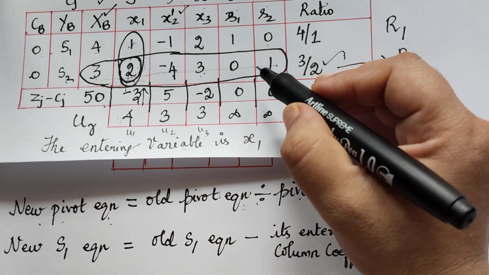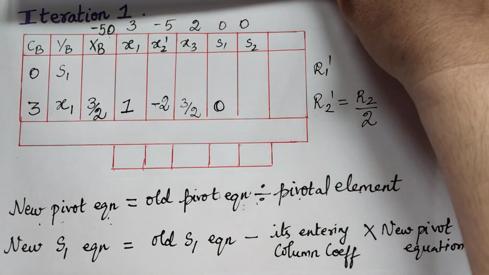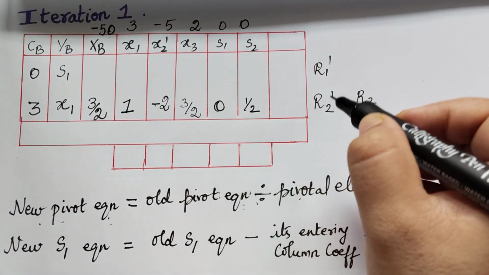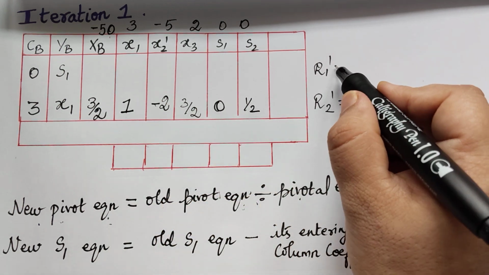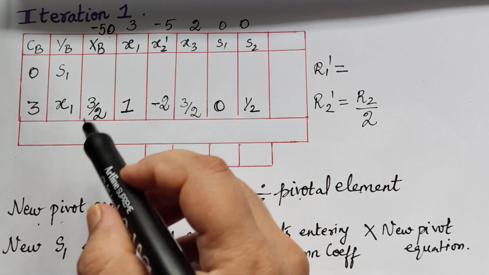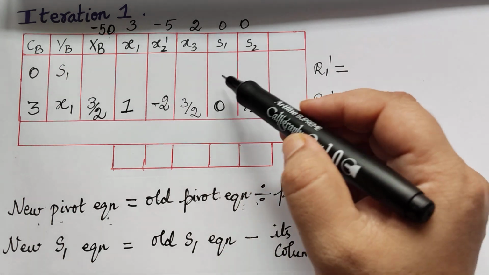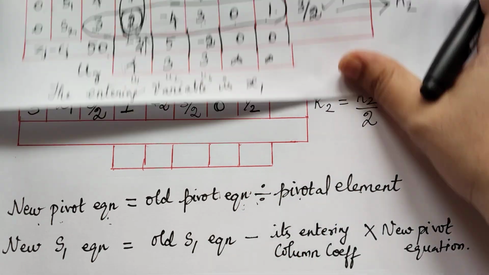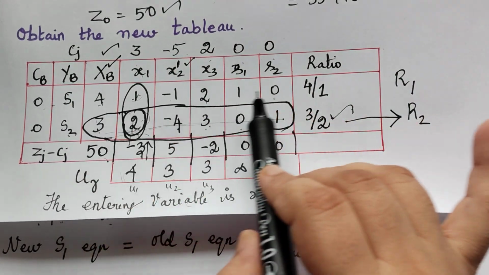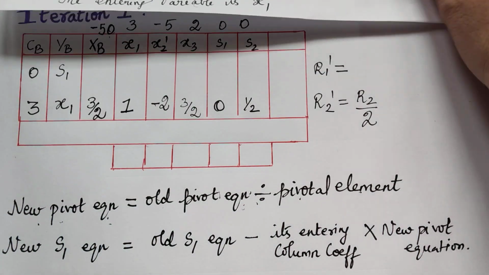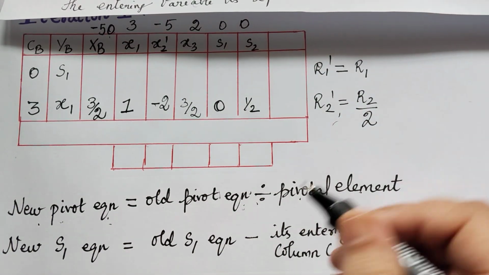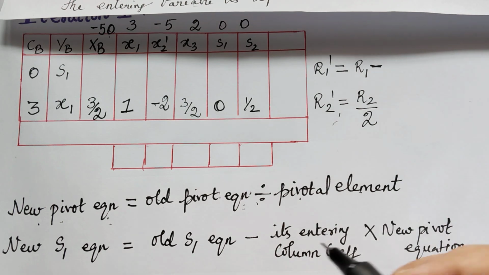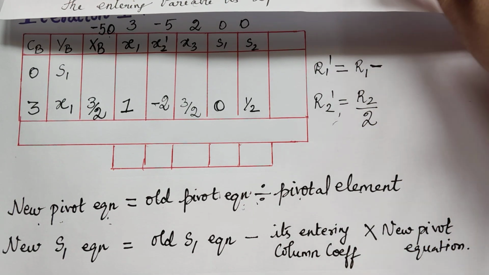And then this is 0, and this is 1 divided by 2. So we have obtained row 2 dash. So this is done. Now we shall find row 1 dash. So what is that? Row 1 dash is the new S1 equation, and that is equal to the old S1 equation. So the old S1 equation is this, which we have taken as row 1. So old S1 equation is row 1 minus, the formula is minus its entering column coefficient.